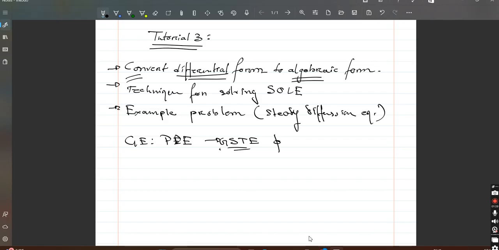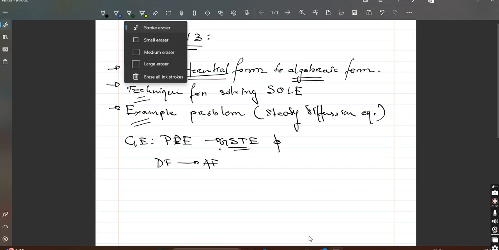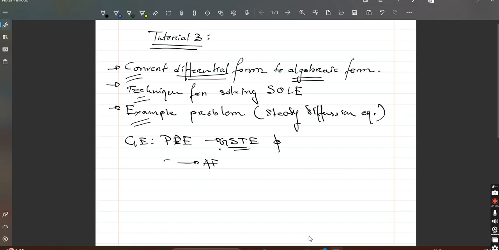Then we will go from the differential form to an algebraic form, and see the different methods by which we can solve this algebraic form to get the solution that we need. Then finally, we'll do an example problem to get a better understanding of the solution methods and how we will go about solving the governing equations and the phenomena that we want to simulate in CFD.